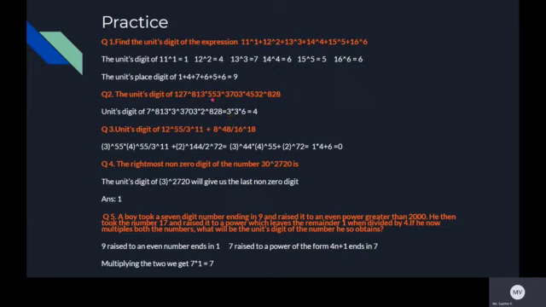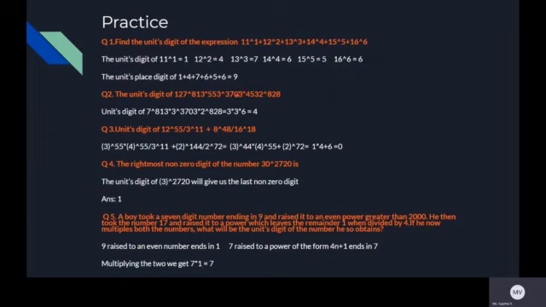Similarly for 3 raised to 3703, what is the remainder when 3703 is divided by 4, and when it is raised to that power, what is the last digit? 3703 divided by 4, the remainder is 3.